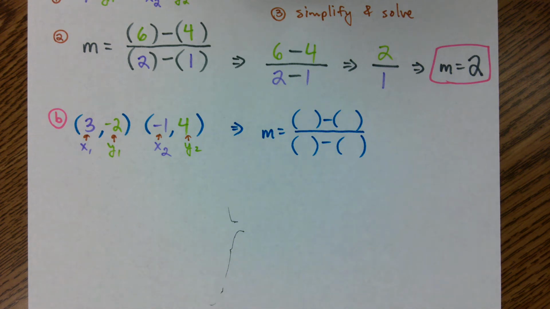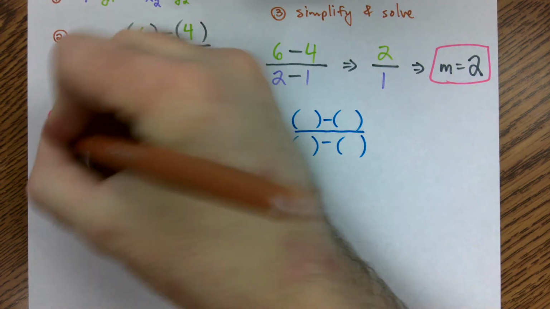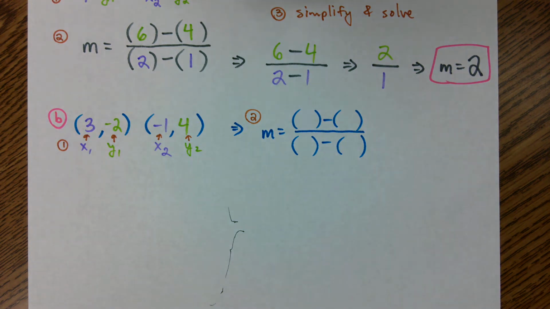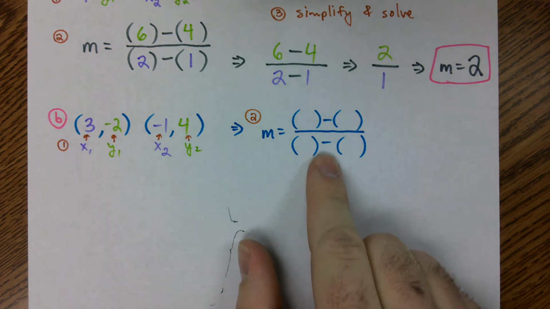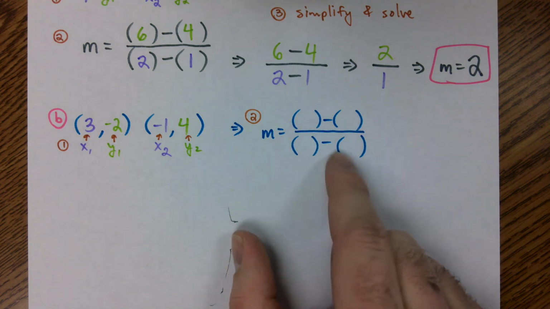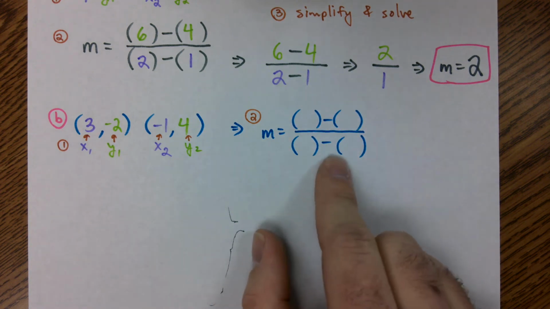So we got our first step done. We labeled our numbers with our variables. Our second step is going to be to plug them in to our formula. Solve is step 3. So we're going to set it up with our parentheses just like this. Looks like 2 little bug-eyed creatures, kind of like owls.